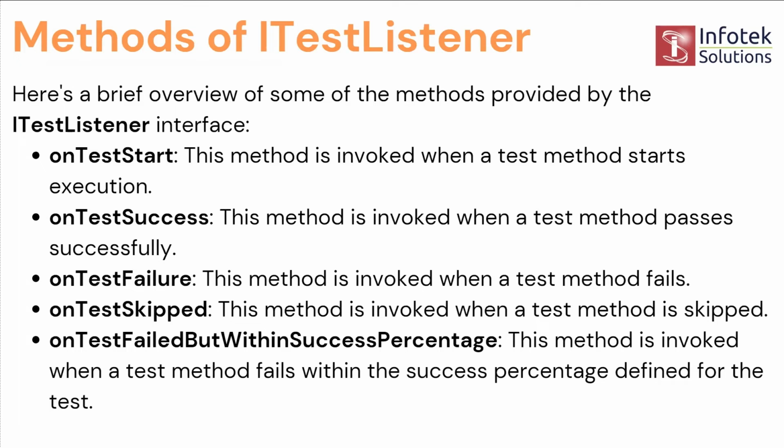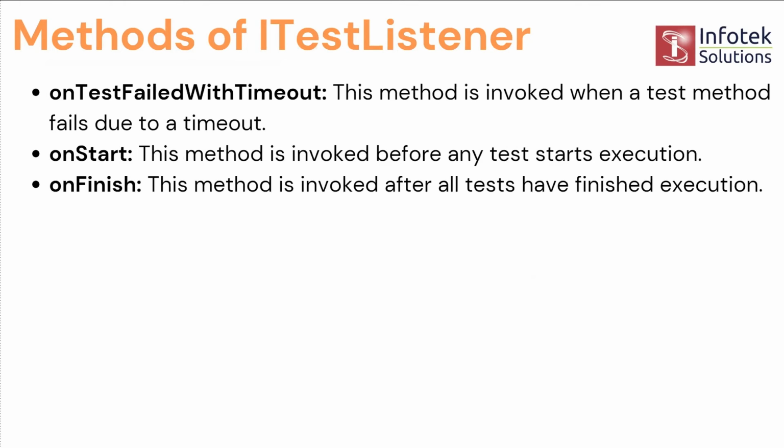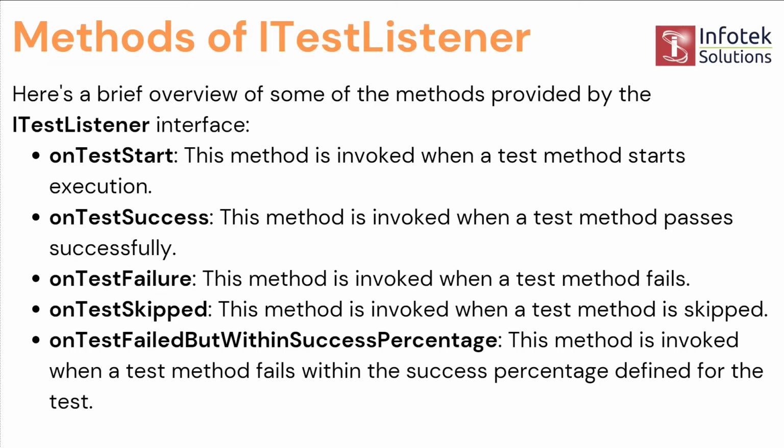Now, these are the methods that you'll come across in ITestListener: onTestStart, onTestSuccess, onTestFailure, onTestSkipped, onTestFailedButWithinSuccessPercentage, onTestFailedWithTimeout, onStart, onFinish. If you go through the names of these methods, they talk about every stage of a test case. When a test case starts, you can generate a report.